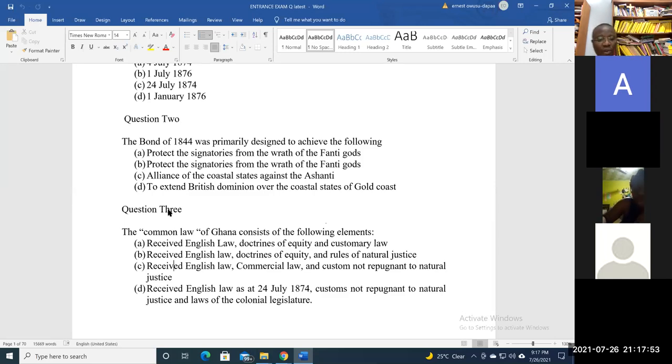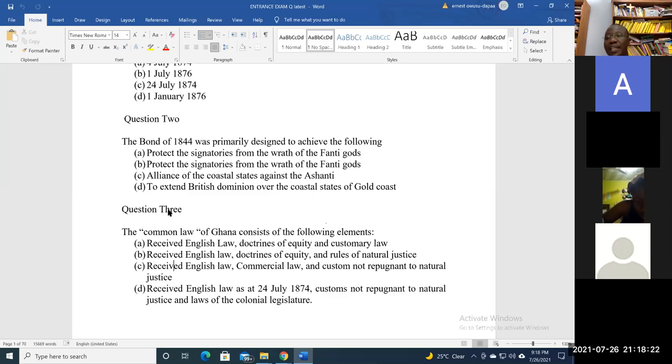So that is one thing that we should keep in mind. So we look at the common law of Ghana. Let's go through them. A: Received English law, doctrines of equity and customary law. Now, if you look at that option, it is fine, but the only problem is that insofar as you have just received English law and then the doctrines of equity, that is what makes it complicated.